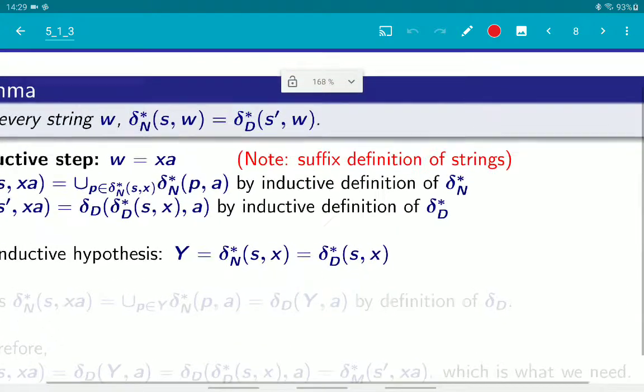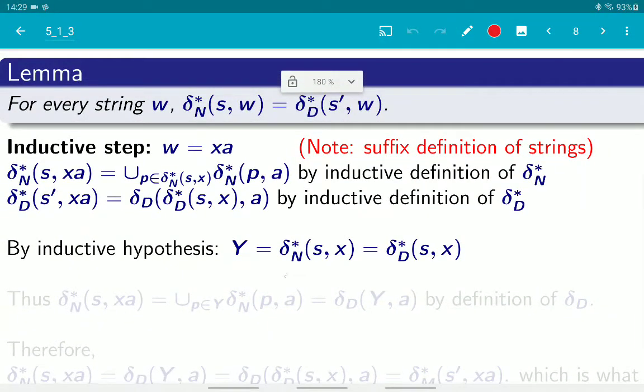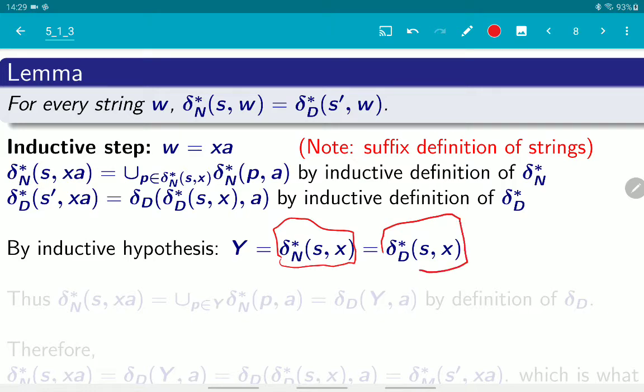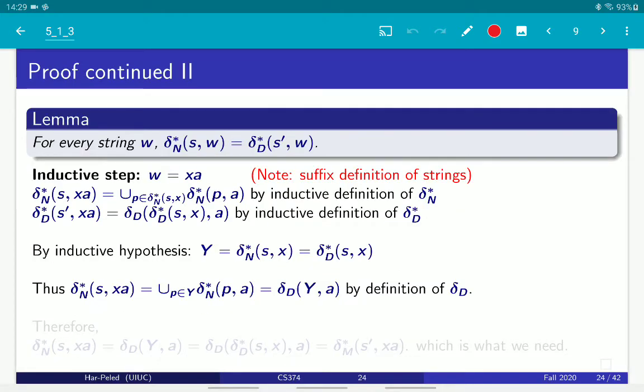So what does the induction say? The induction says that when you apply the transition function on Sx, it's going to be equal to delta star of D on S prime, x. This should be S prime here, by the way. This is a typo. And the reason, of course, being that X is a shorter string than W, and as such we can apply the induction hypothesis, which we did not state, but that's what it is.